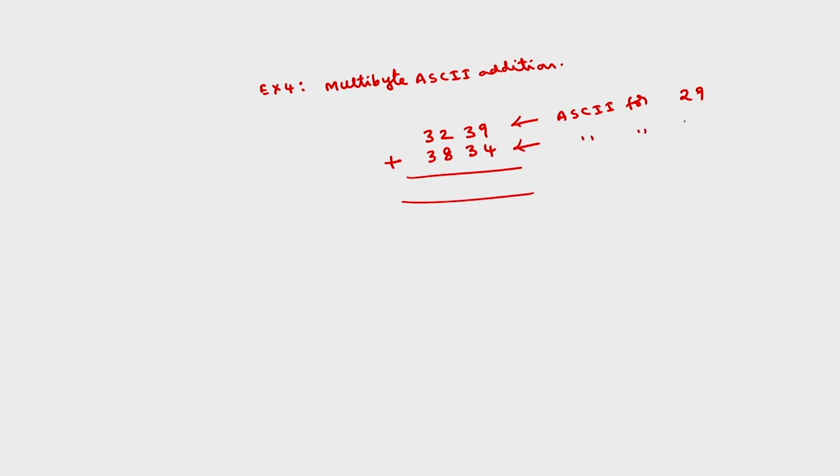For example, if I take 32, 39 plus 38, 34. This is the ASCII code corresponding to 29, and this is the ASCII corresponding to 84.